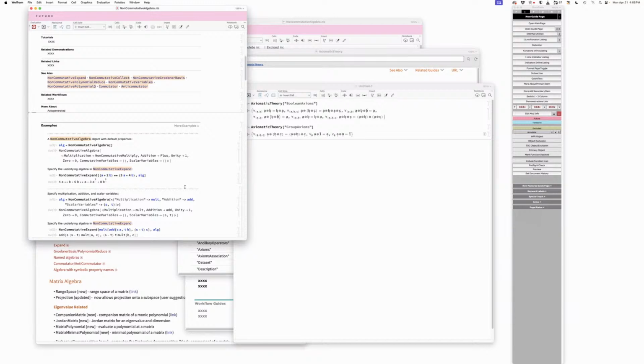Do we have algebra axioms there? I see group axioms. Well, let's find out. We do not. But what we have, and I'm very confused by this, is a thing that is very much like what you're doing here, where you specify the names of operations.